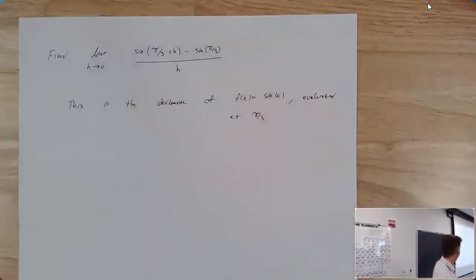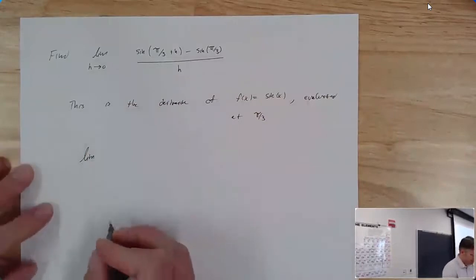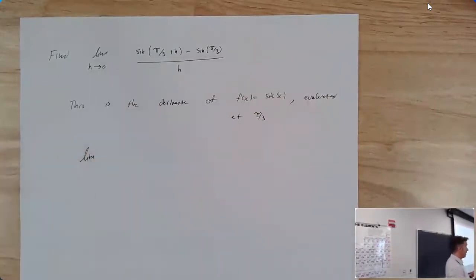So I can see how this one would cancel out because I just expand the sine. But for the one that we just did, 10 to the power of x minus 1, I can't see how that would be solved algebraically. Well, we can't solve it algebraically. So that one you kind of have to use the fact that it's the definition of the derivative. But shouldn't the definition of the derivative be derived at some point for that? Well, you can find that limit.